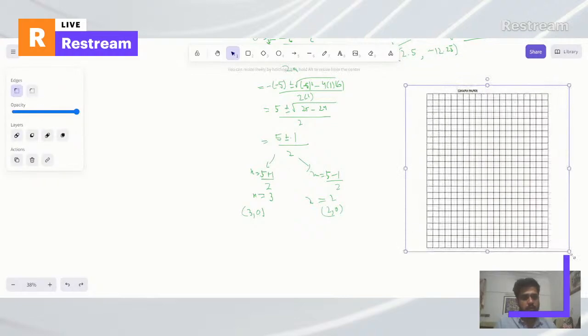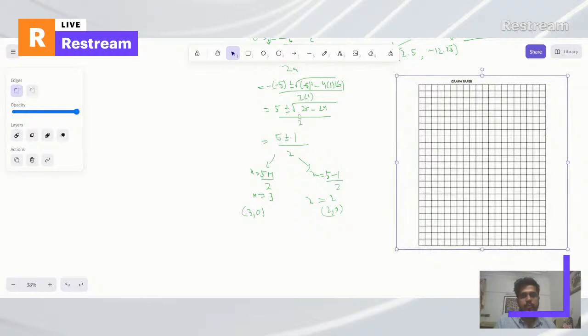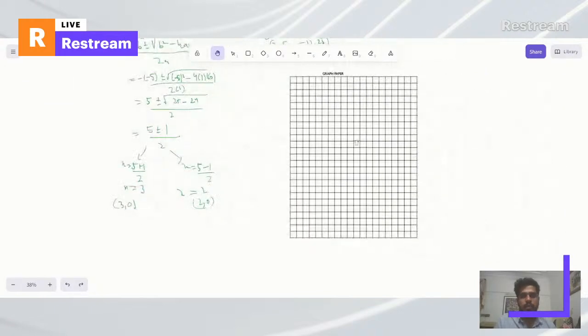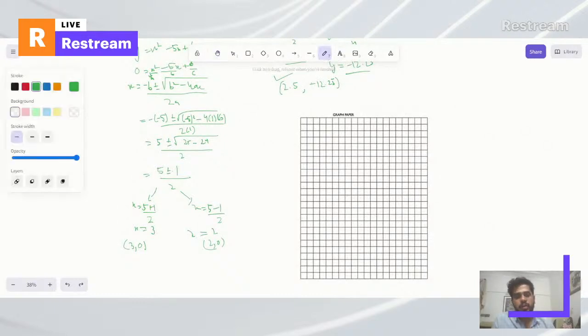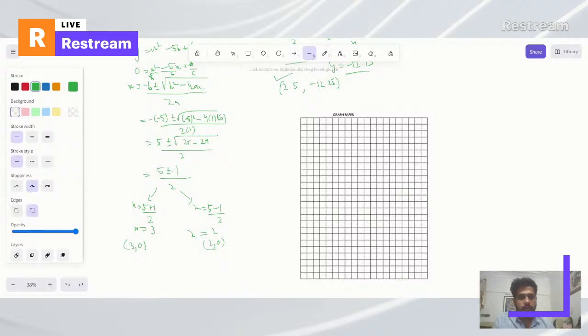Now I have some points over here. I have the turning point, which is negative 2.5 comma negative 12.25. So I'm going to do one thing. I'm going to draw some axes over here.